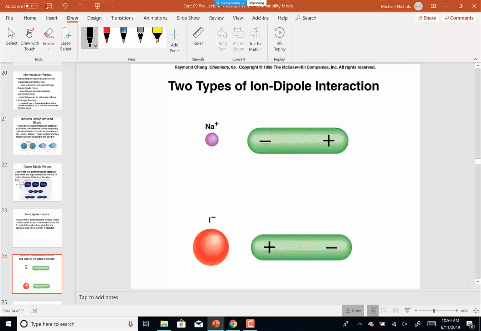So you take your sodium chloride, you take your salt, you dissolve it in water. All of those ion-dipole interactions are going to be able to overcome the ion-ion force of crystalline salt. And so the salt will dissolve in the water.